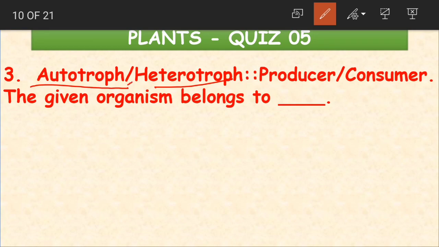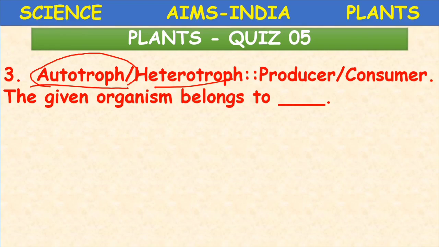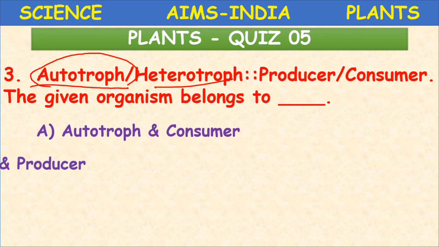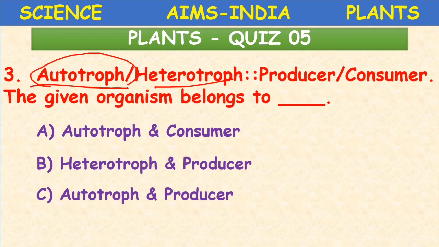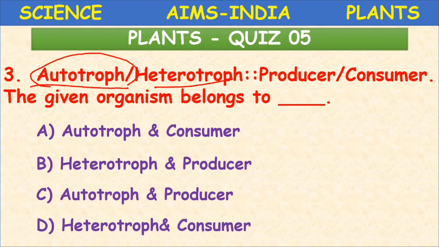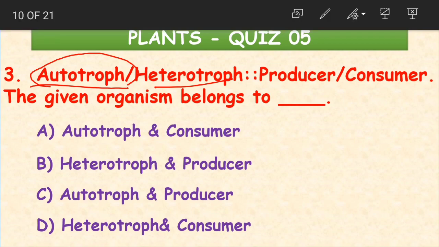Now for this autotroph, we have to write whether it is a producer or a consumer. A is autotroph and consumer, B is heterotroph and producer, C is autotroph and producer, D is heterotroph and consumer.